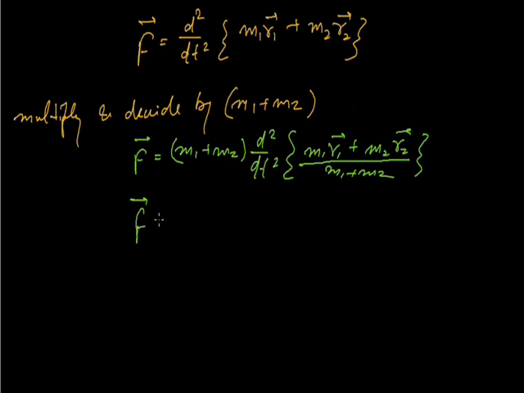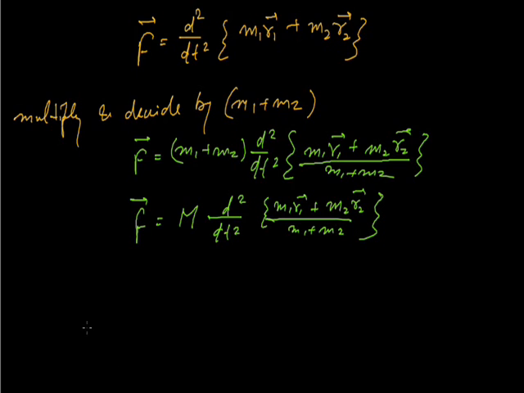Here this is the total mass capital M, and F vector is equal to M d2 by dt square of m1 r1 plus m2 r2 vector upon m1 plus m2.